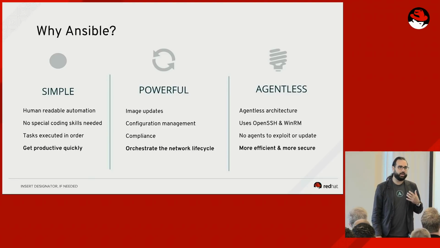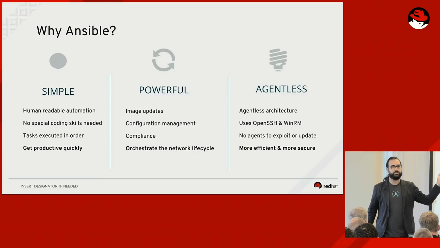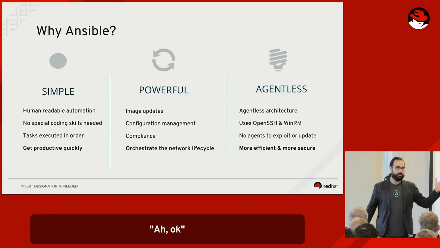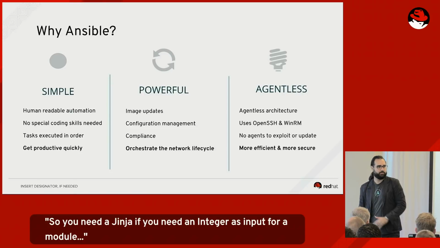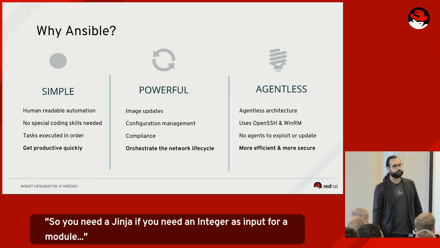I would say that I did some Jinja, but what I try to do is decouple. So for example, I do not have a big Jinja file, which is my gold master that will do all the magic configuration, but different pieces for interface. So I have my Jinja that only applies to interface. And you already need Jinja if you need an integer as input for a module.